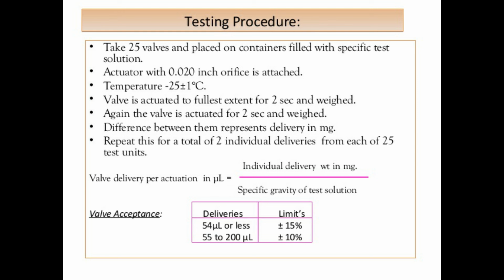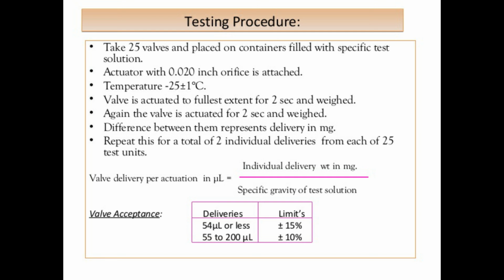For deliveries of 54 microliters or less, and 55 to 200 microliters, the limits are plus or minus 15% for 54 microliters, and plus or minus 10% for 55 to 200 microliters. Of the 50 individual deliveries, if 4 or more are outside the limits, the valves are rejected.